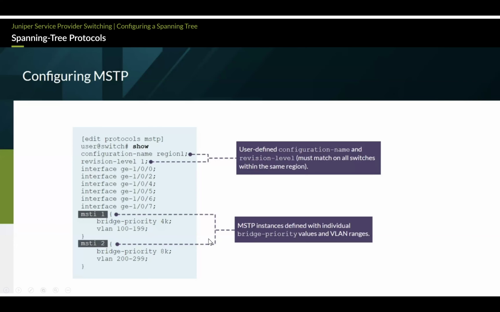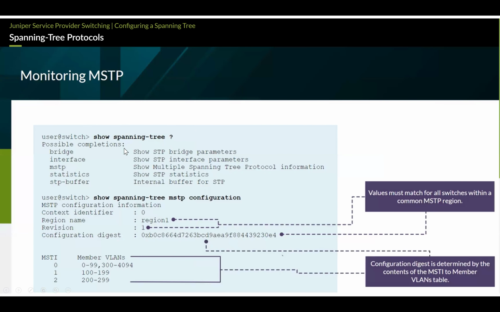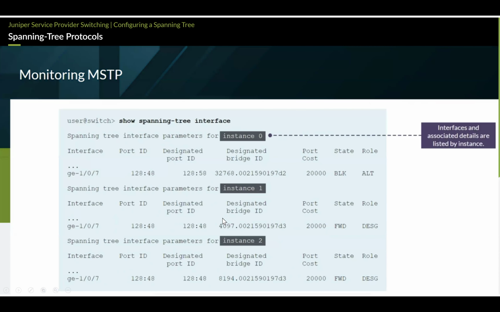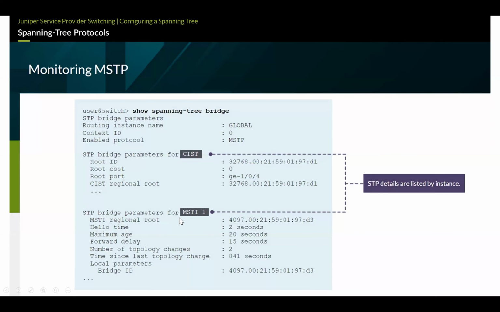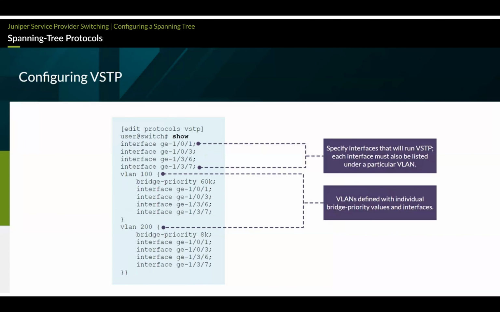Okay, so the verification is the same. Show spanning-tree mstp configuration, checking the configuration, or show spanning-tree interface. This basically shows you the port state and role, also their priority and port cost. Show spanning-tree bridge.